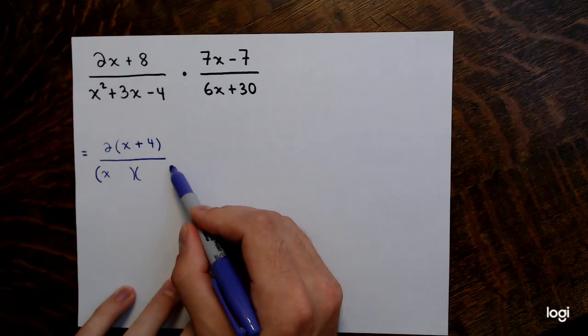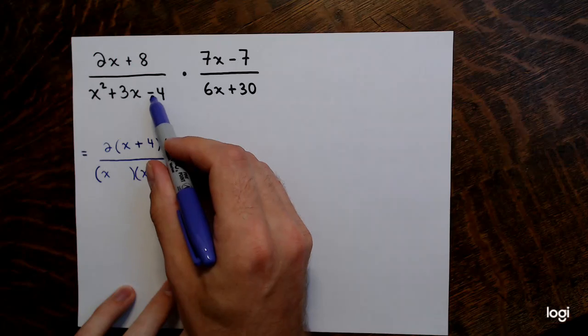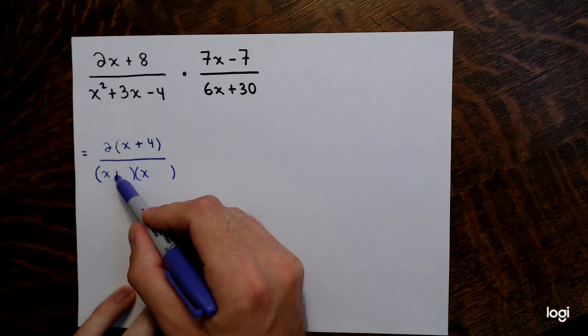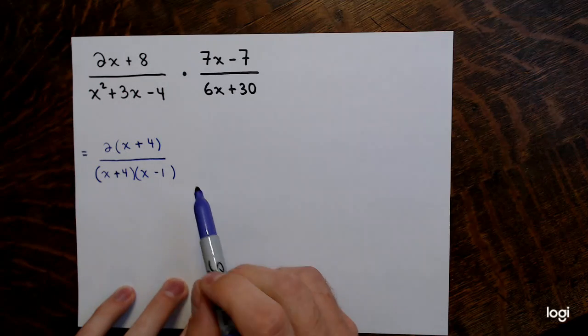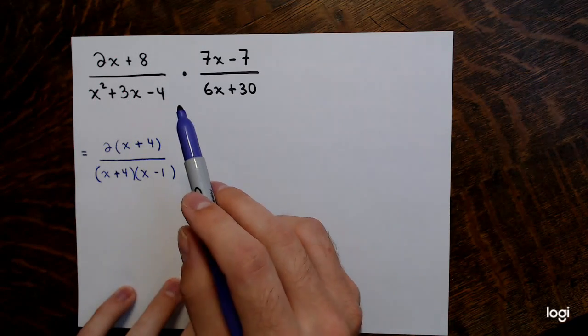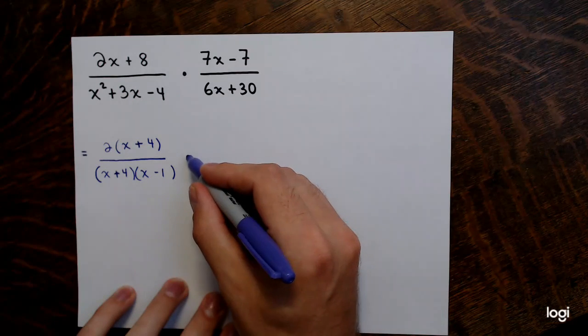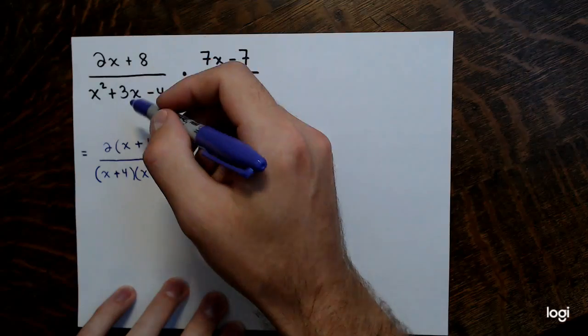This would factor to x, and then I'm looking for factors of -4 that have the +3. I'd have to have +4 and -1, right? And you can double check, multiply these two, FOIL, right? You'd get x squared plus 3x minus 4 back. Alright, great. Done with the first fraction.